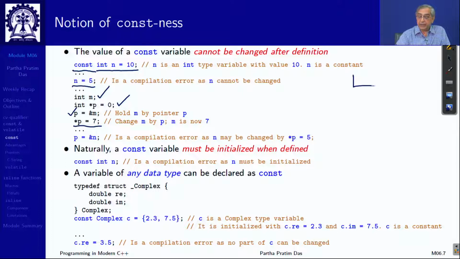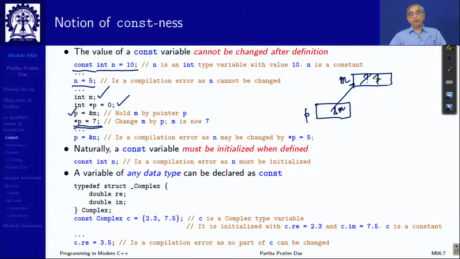So, it is like this, I have m here which has something God knows what, then I have p here, I have put ampersand m here. So, p points here, and I do star p assigned 7. So, this becomes 7. So, I have not even talked about m, but I can change the value of m. This is a common program.